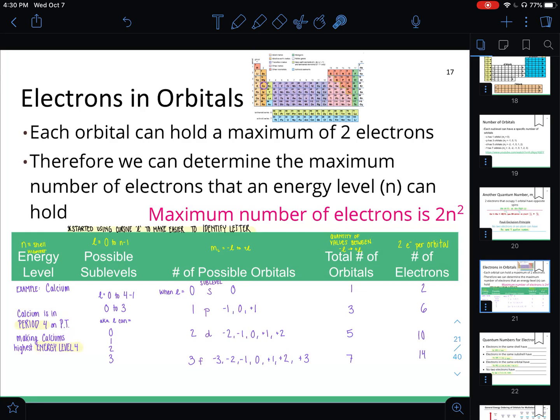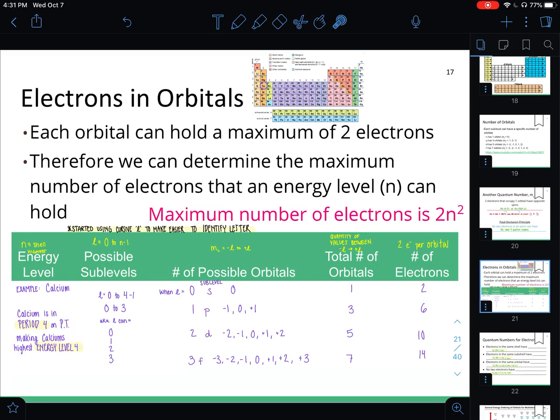From that, we can calculate the possible L values. And because we find L by taking n minus 1, and it is a range, so 0 to n minus 1, our possible L values are anywhere from 0 to 3. Now remember, those correlate directly to which sublevel the electrons are living in. Now here are all of our m sub L values that we found from our L values.